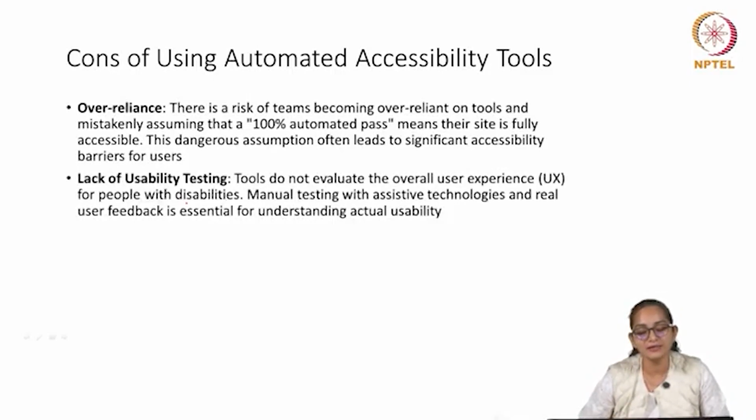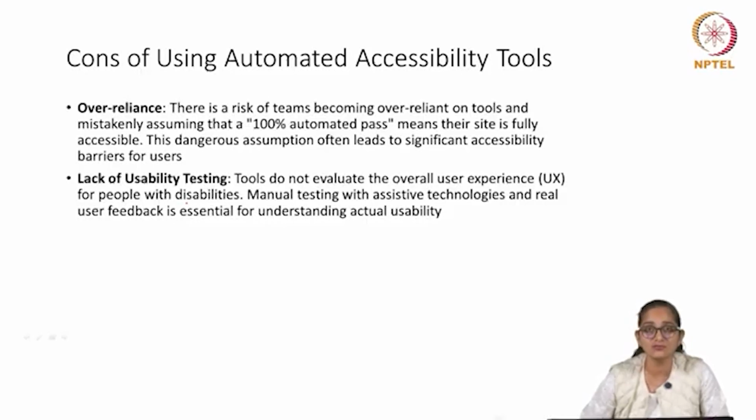Other than that, these tools are not really usability testing tools. They are just cross-checking some of the parameters which have quantitative thresholds. For example, it can check whether the contrast of certain buttons or text against the background is 4.5:1 or not, because it has a quantitative threshold.